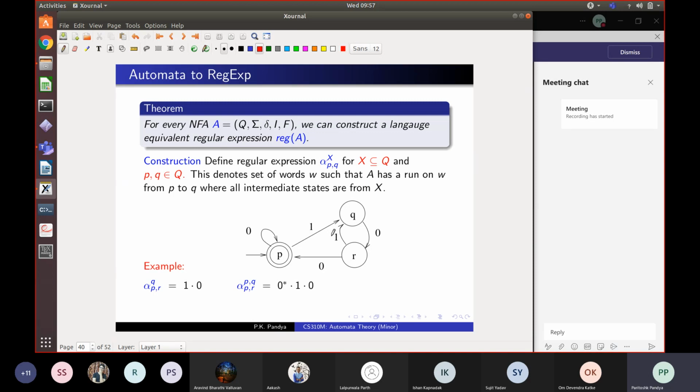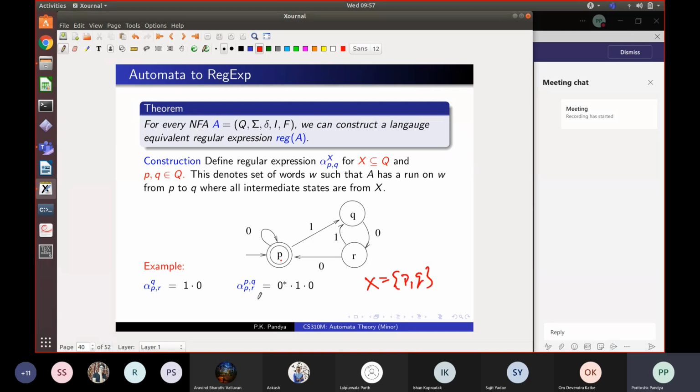This happens to be a DFA, but it could be an NFA. I'm defining alpha of P, the start state, Q, the target state, and X as the set PQ. Here there are curly brackets, but I will omit curly brackets for convenience.